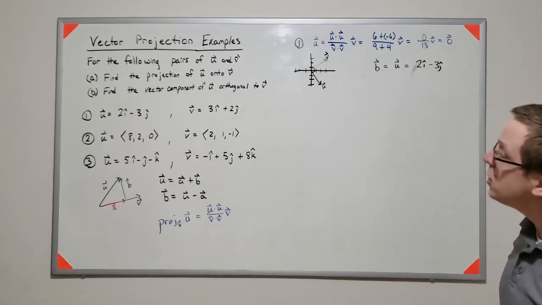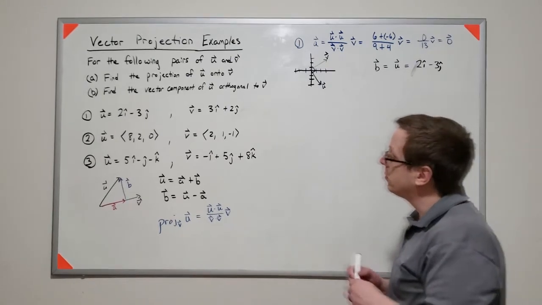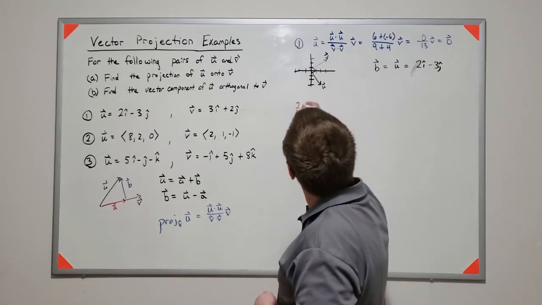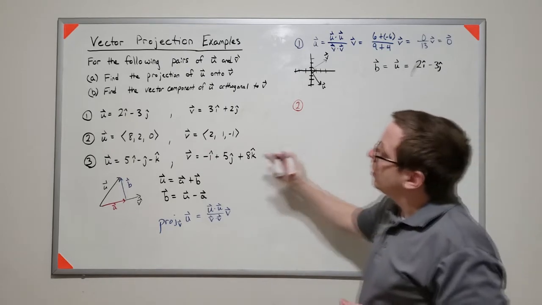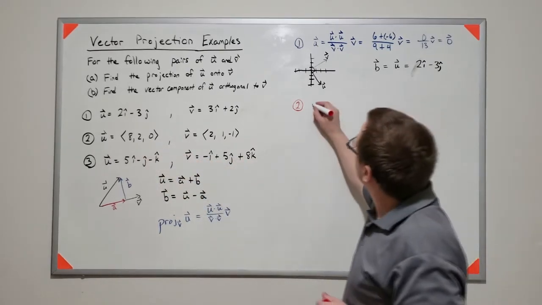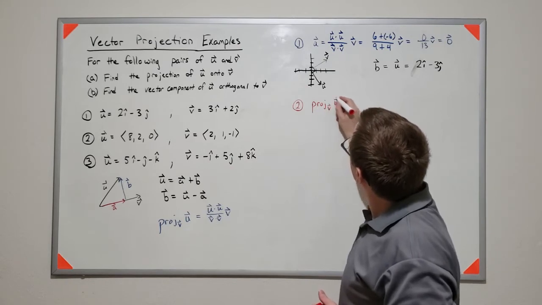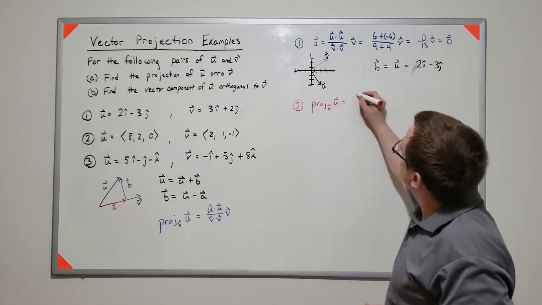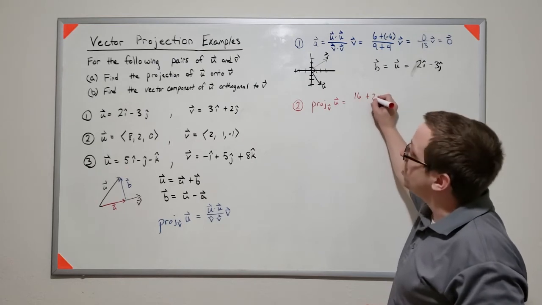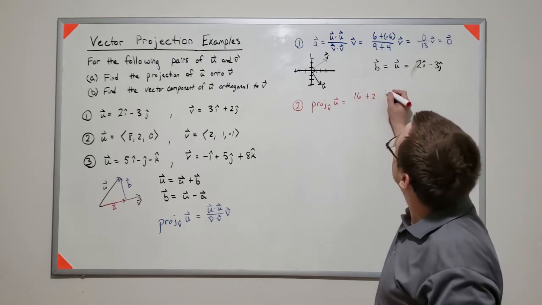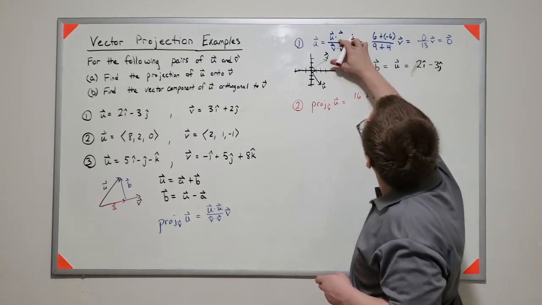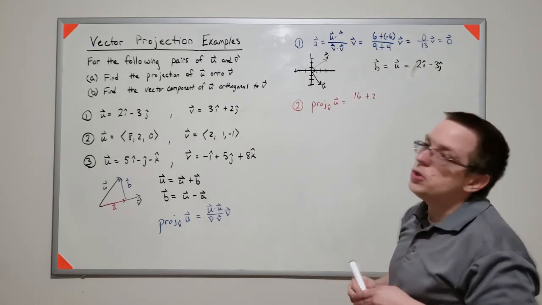So let's go and let's do the second one. So we want to get u dot, this was u dot v.